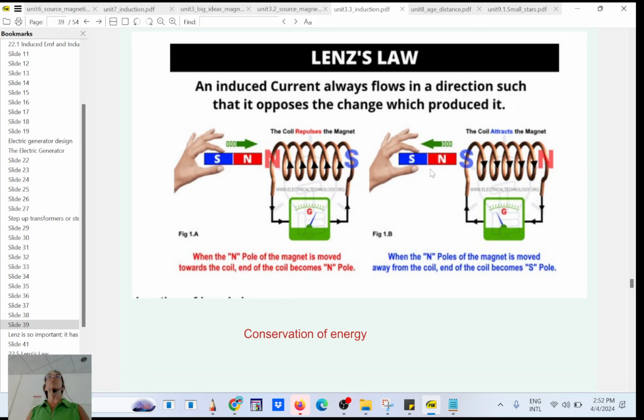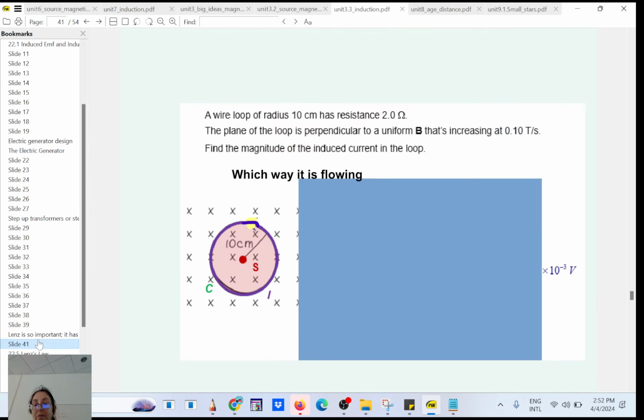So mechanical energy will turn into electrical energy. But you cannot have energy for nothing. You have to sweat. That's what Lenz's law is about. Very interesting applications, because that's how the magnetic brake that you have for trucks works. It's based on conservation of energy.